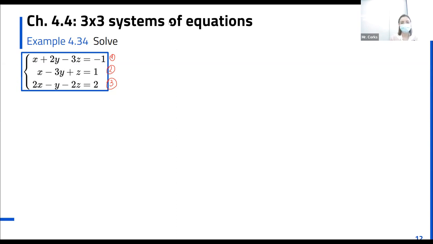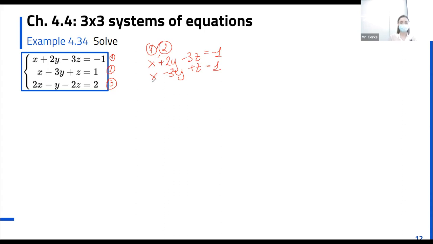So let's do the same as we did with the first one. So first and the second. x plus 2y minus 3z and x minus 3y plus z equals minus 1 and 1.